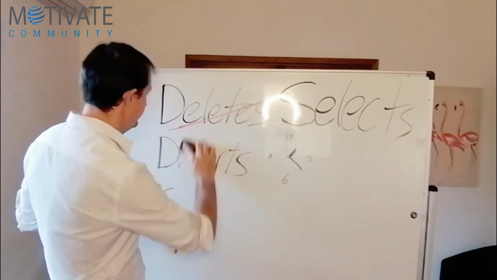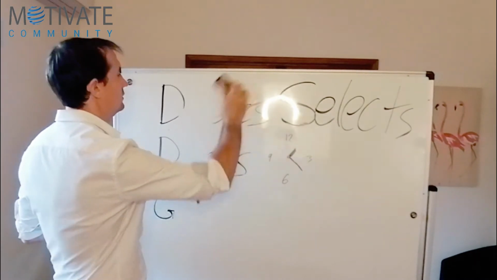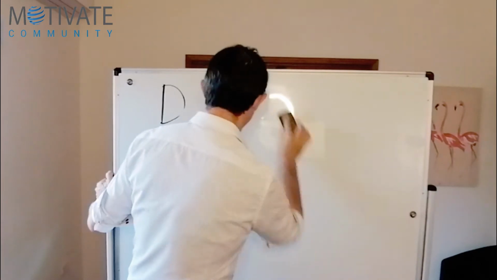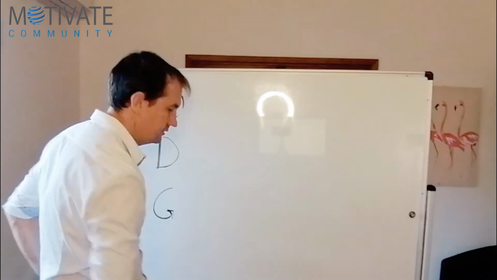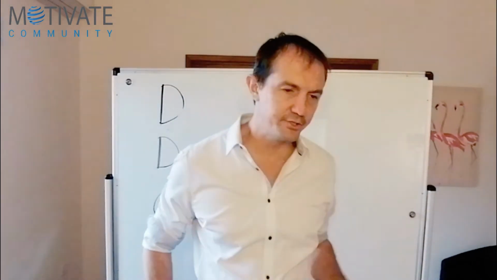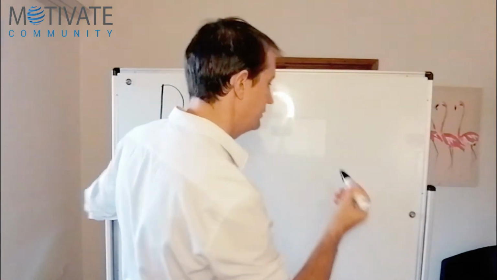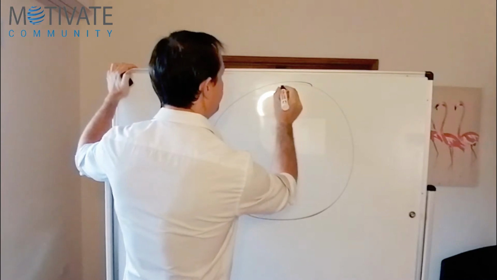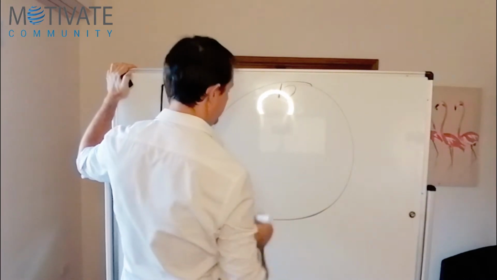I'd like to give you an example of this and the DDG in action. I'd like for you to imagine there's a round circle, and up the top you've got the number 12.